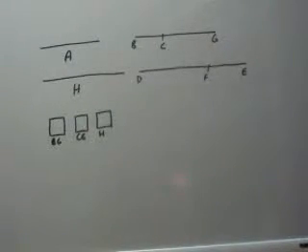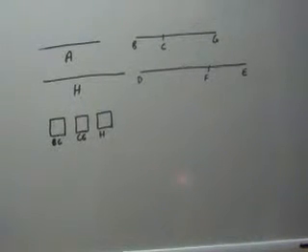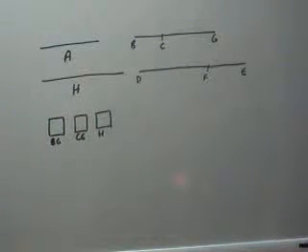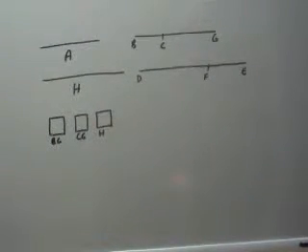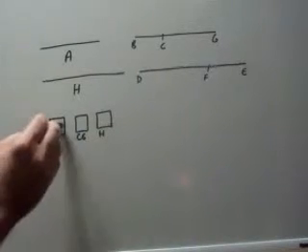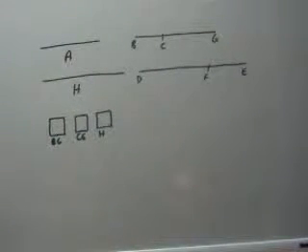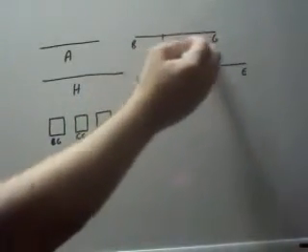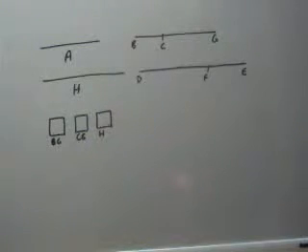Therefore, the square on BG is commensurable with the square on GC. So these are commensurable. This is by Euclid Book 10, proposition number 6. But the square on BG is rational. Therefore, the square on CG is also rational. Therefore, this line right here is rational.